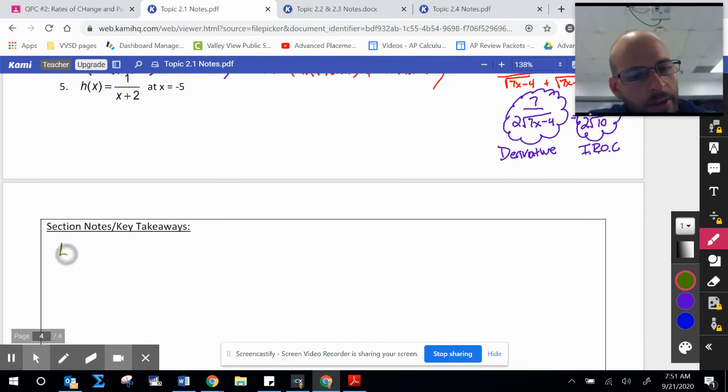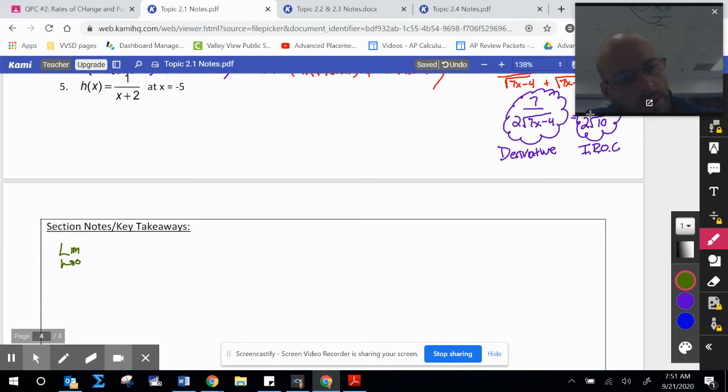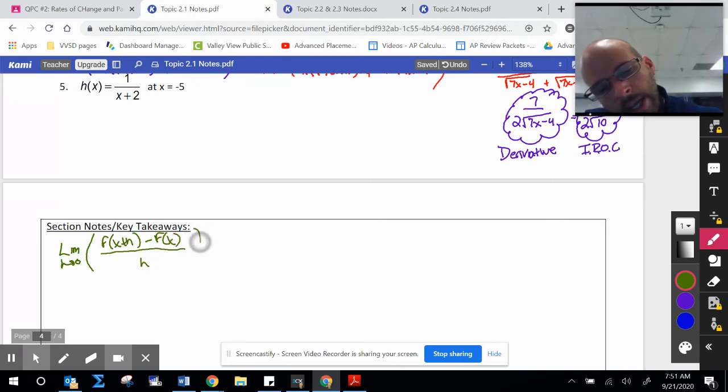But I have the limit as h goes to 0 of f of x plus h minus f of x all over h.